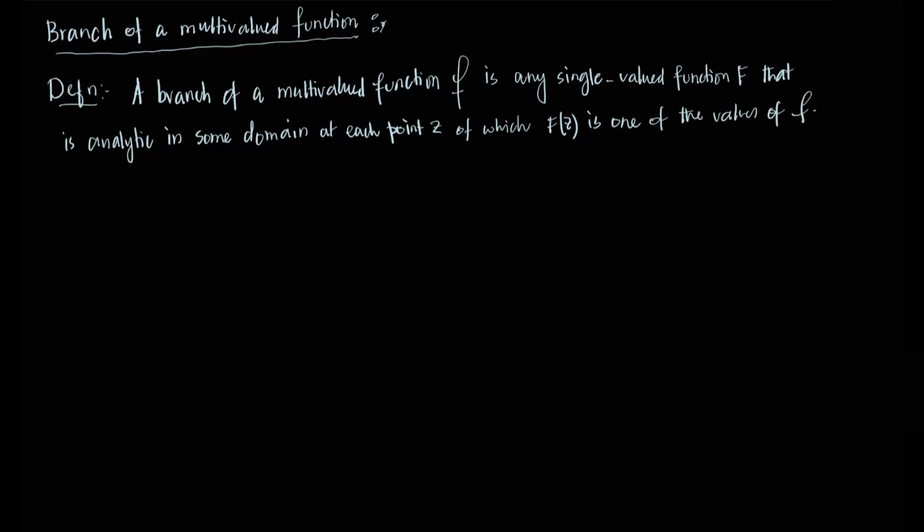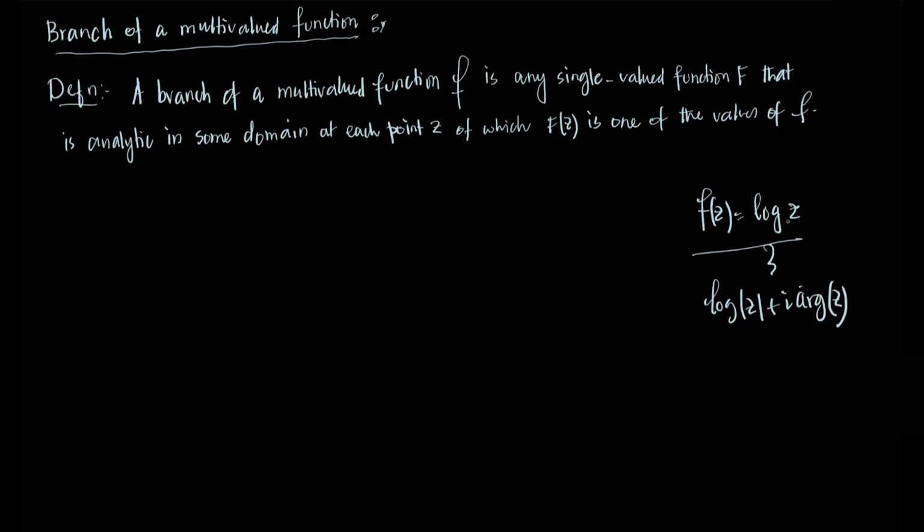Clear? So see, think of it like this. Let's say f of z equals log z, right? Now if you want to write it properly, this is log of mod z plus i times the argument of z, right?